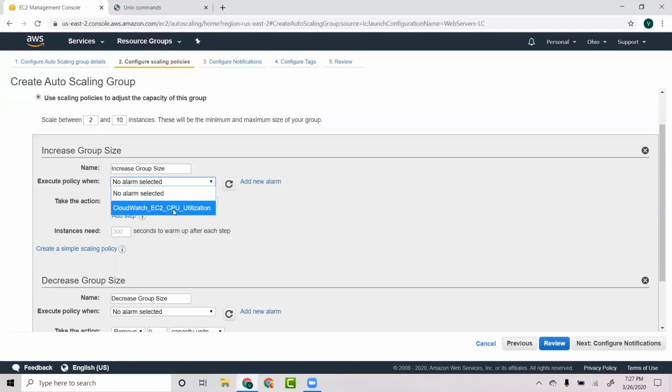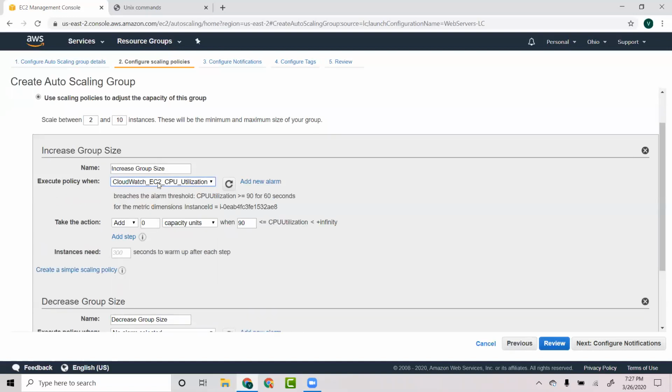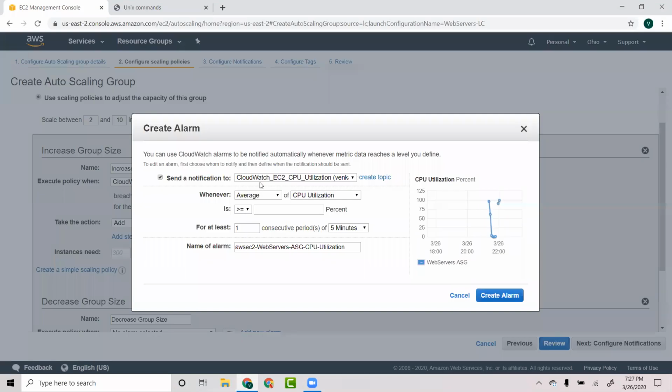Do you have any alarm? Yes, CloudWatch EC2 CPU utilization. What I'm saying is that if this alarm goes off above 90%, then add additional capacity units, let's say 1. Actually, this is on this particular instance ID, so we don't want to use that. Add new alarm.